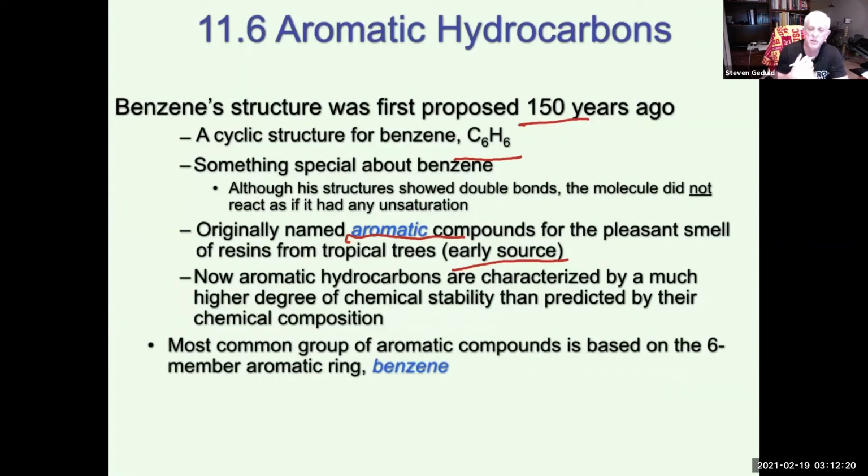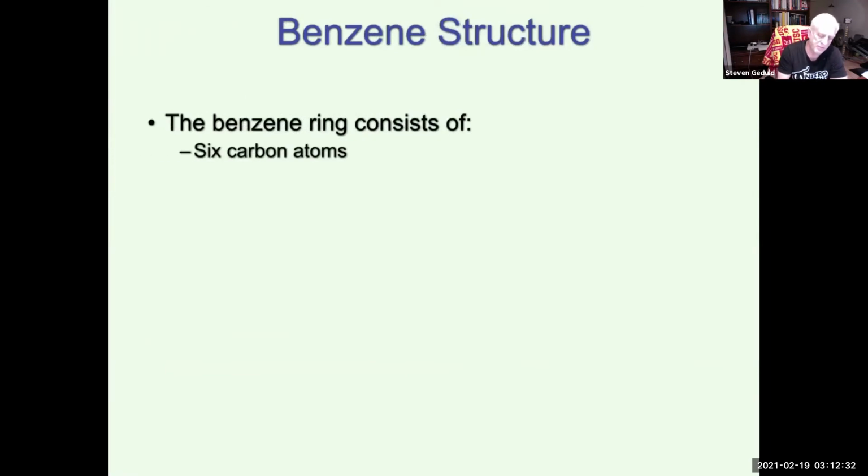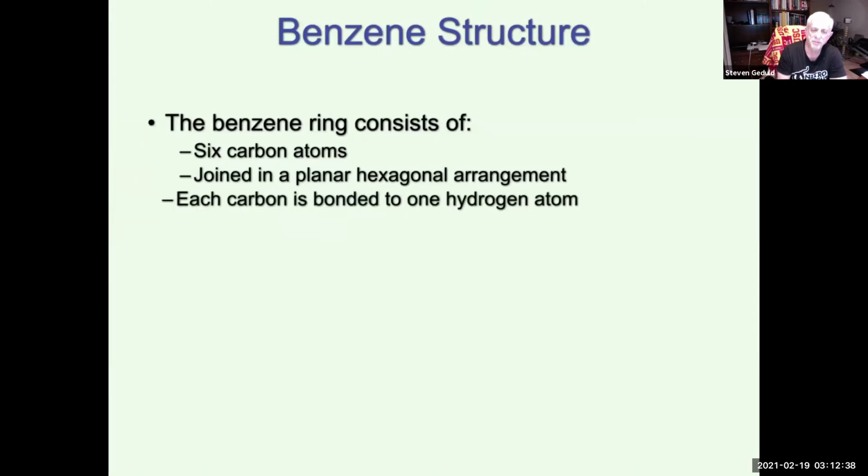The most common group of aromatic compounds is based on the 6-member ring, 6 carbons, benzene, and its structure. There are 6 carbon atoms and 6 hydrogen atoms in a planar hexagonal arrangement. Each carbon is bonded to 1 hydrogen atom.